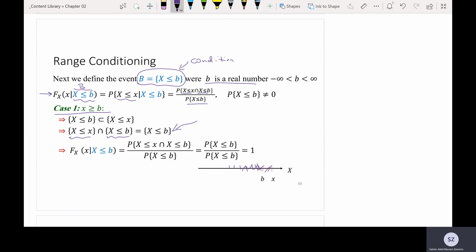Now the CDF of X given X less than or equal to B, it's the intersection, as we discussed, divided by the probability X less than B.